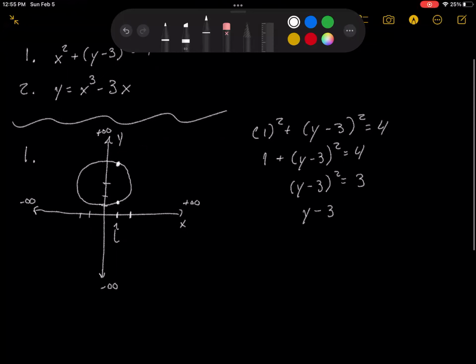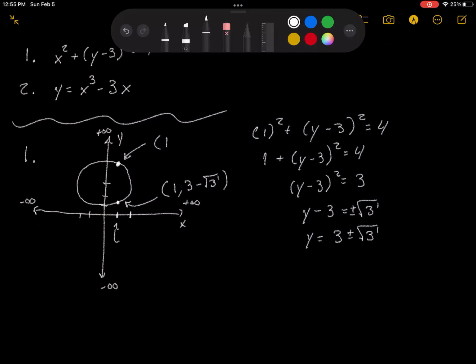I take the square root, and I add 3. Oops, forgot to do a plus or minus. So that point right there is the point where my x value is 1 and my y value is 3 minus the square root of 3. That point right there, my x value is 1, and my y value is 3 plus the square root of 3.